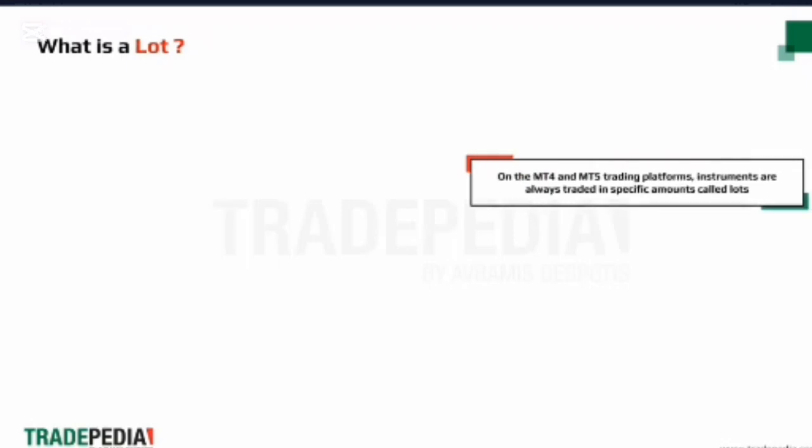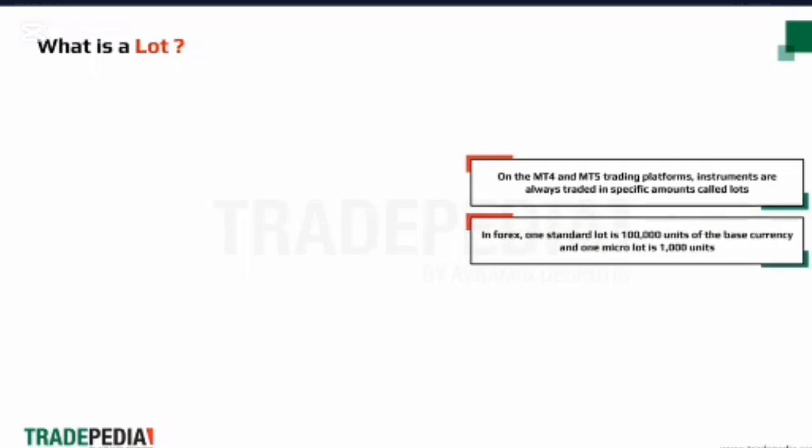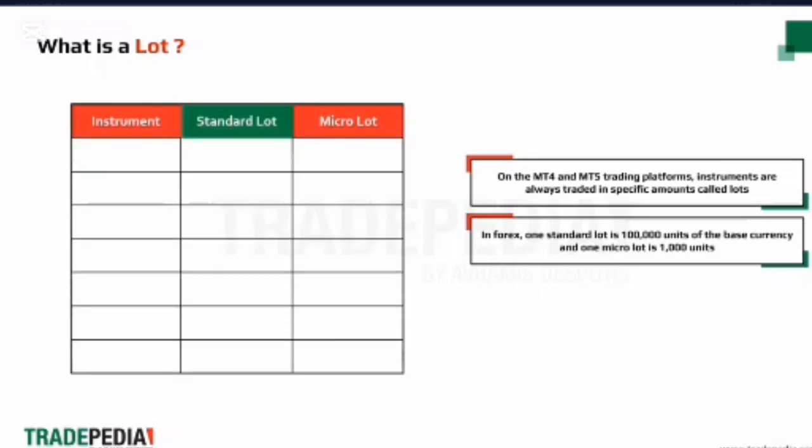On the MT4 and MT5 trading platforms, instruments are always traded in specific amounts called lots. In Forex, one standard lot is 100,000 units of the base currency, and one micro lot is 1,000 units. For euro against US dollar, one standard lot is 100,000 euros, and one micro lot is 1,000 euros.